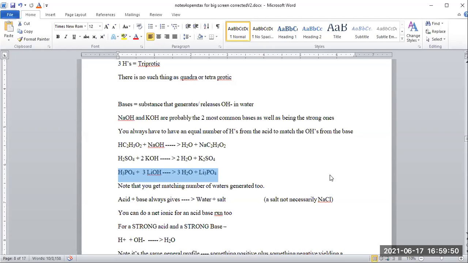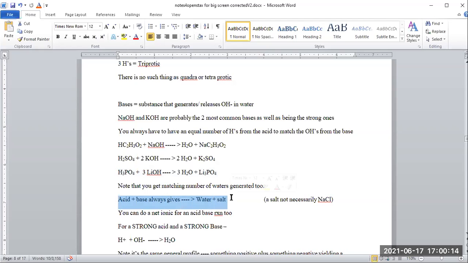Look at your waters. I have three molecules of water. And this gives us then as a salt, lithium phosphate.